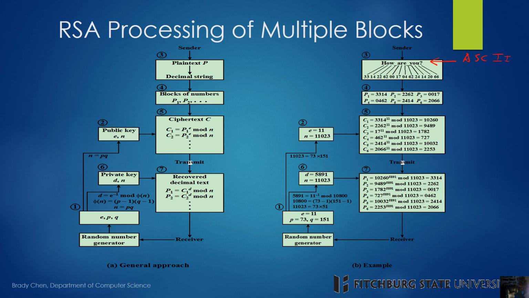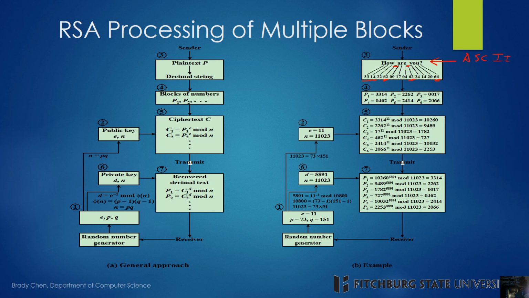The ASCII code for capital H is 33. The ASCII code for lowercase o is 14. We convert each character into its ASCII code, including the space. The space is 62, and here's another 62, these are two spaces. And the question mark is 66.